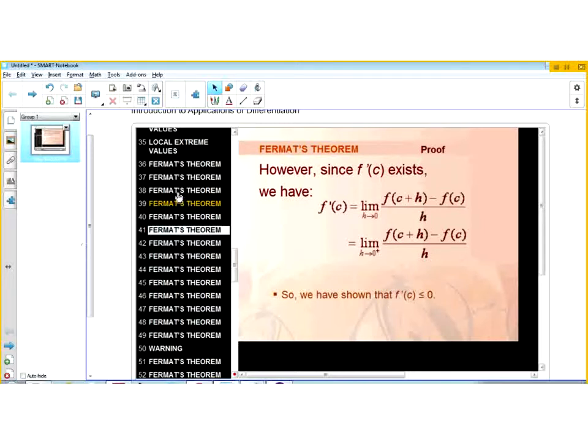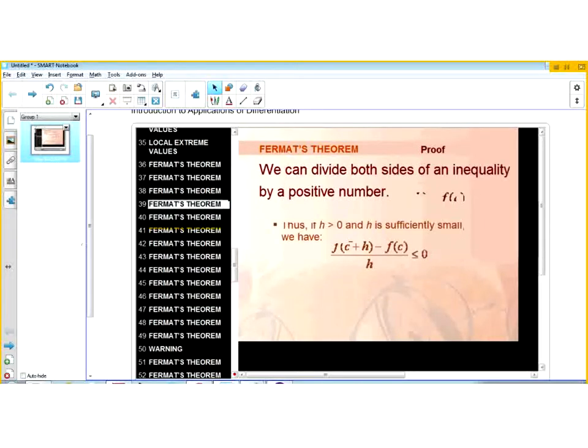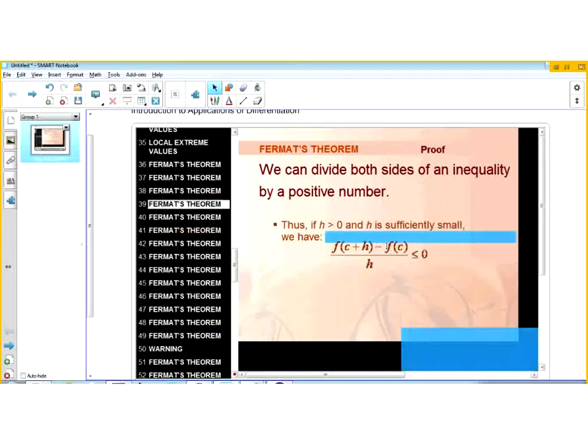So why can it be less than or equal to 0? Where did the inequality come from? Okay, so the inequality came from here.